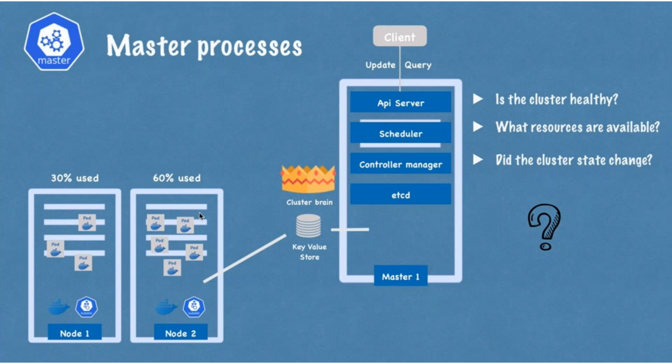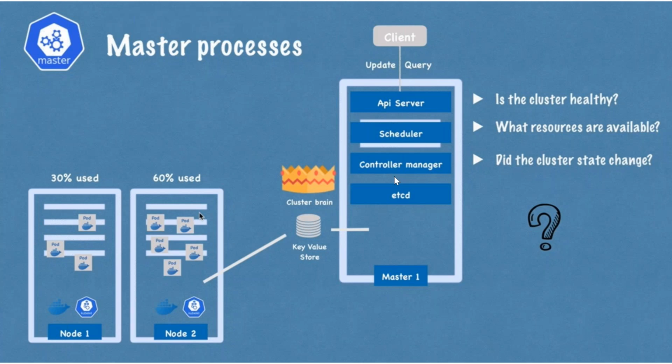But the bare minimum expectation is 1 master and 2 worker nodes. People go even below that. So you need 3 machines altogether to set up a cluster.